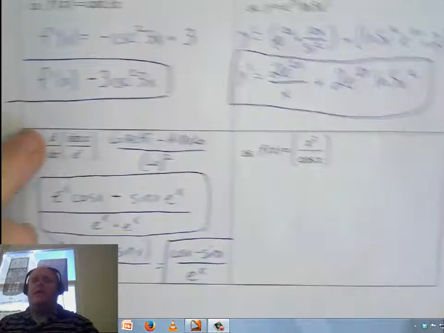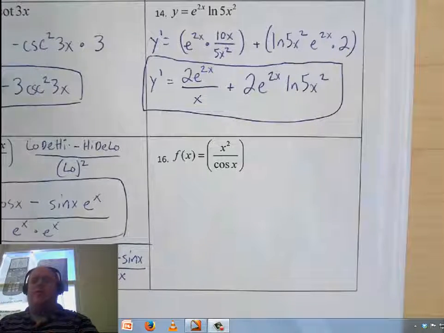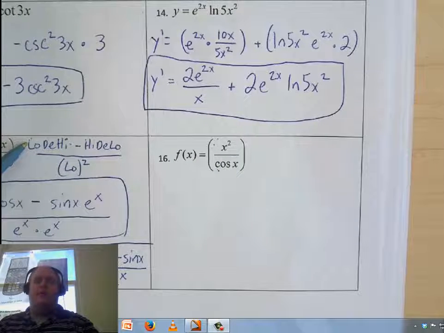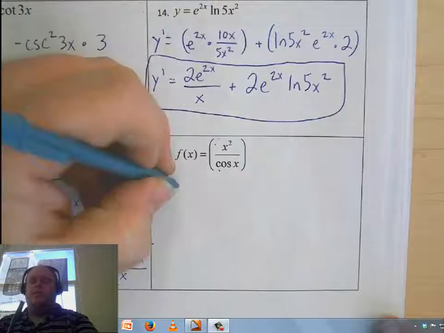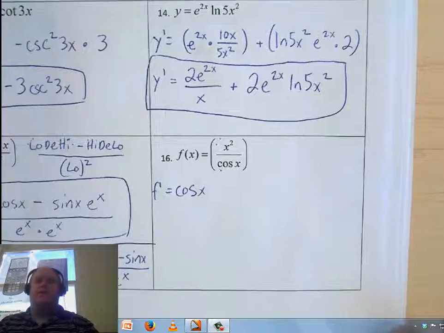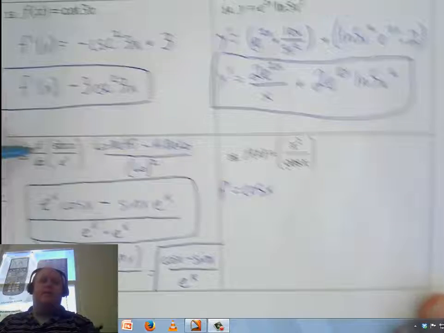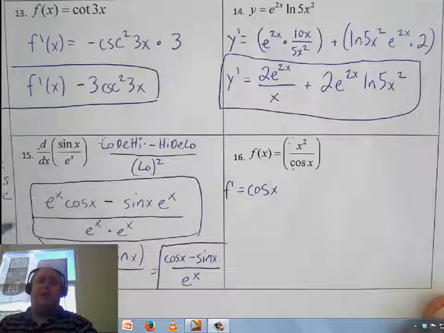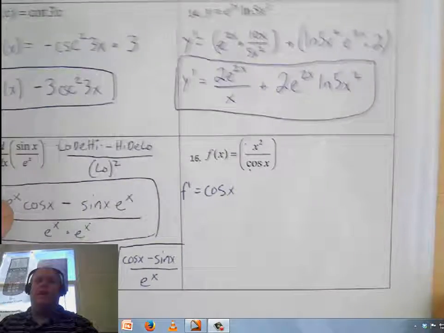All right. Same thing with 16. We have x squared, we have cosine of x, top function, bottom function. We have the rule right here. So the low function, cosine of x, and we want to use f prime, of course, because they did say use the correct notation. For d of x, we don't have to write anything because they're just asking us to find the derivative. So I'm not going to rewrite d of x because that would mean take the derivative of this, which we already did.